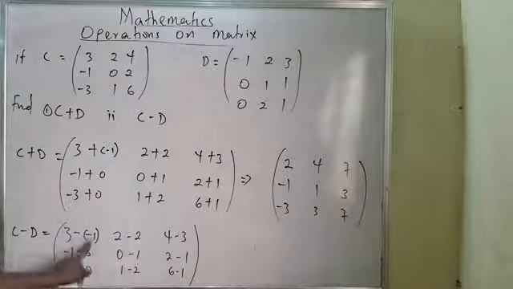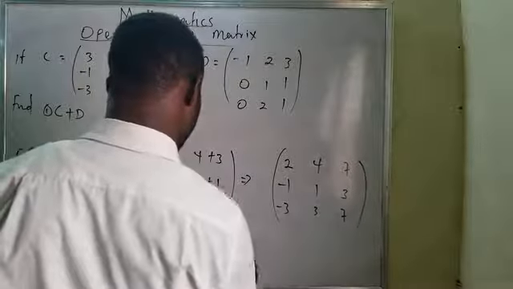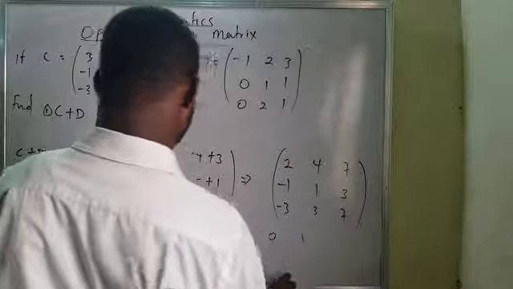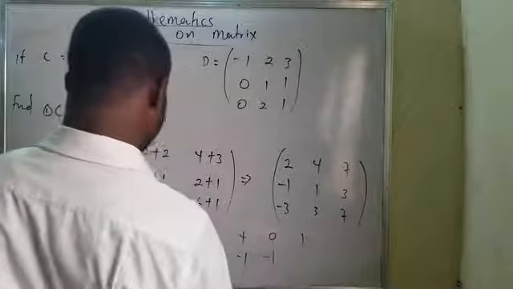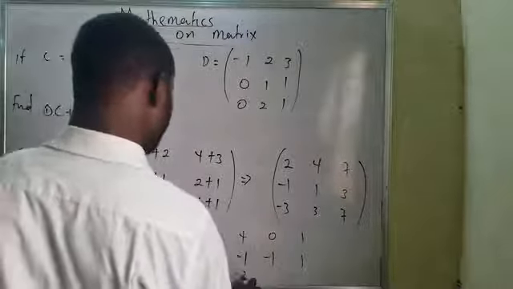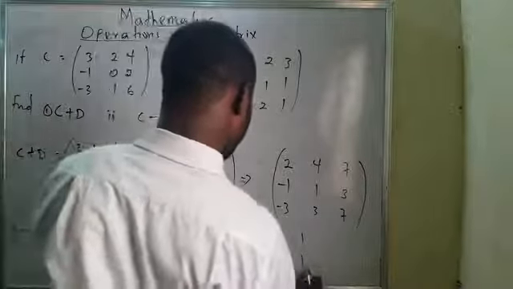By so doing, minus times minus is going to be plus, which is going to be 4. This is going to be 0, this is going to be 1, this one is going to be minus 1, this one is going to be minus 1, this one is going to be 1, and this one will be minus 3, and this one will be minus 1, and this one will be 5. Can you see?